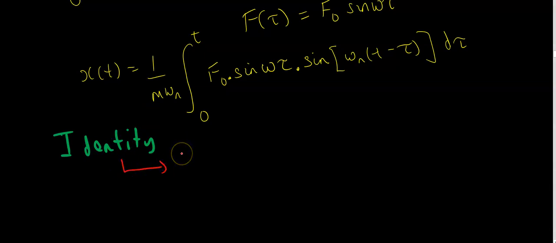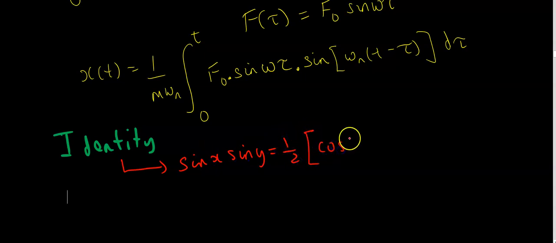If I have a sine x sine y product form like that, it's going to be a half cosine (x minus y) minus cosine (x plus y).